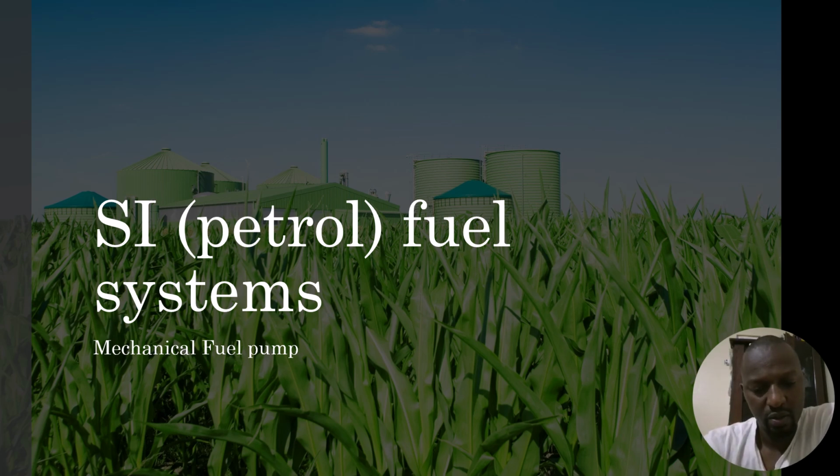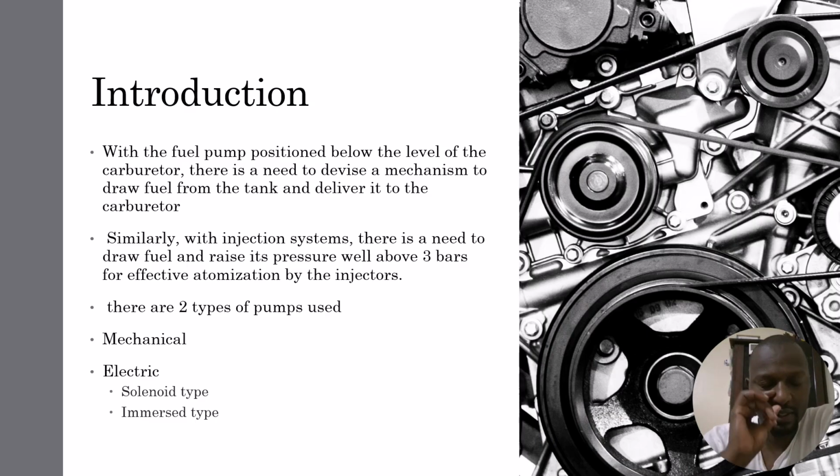So why do we need a fuel pump in the first case? Now we agreed that in the layout, when you position the fuel tank below the level of the carburetor, there is a need to devise a mechanism to draw fuel from the tank and deliver it to the carburetor.